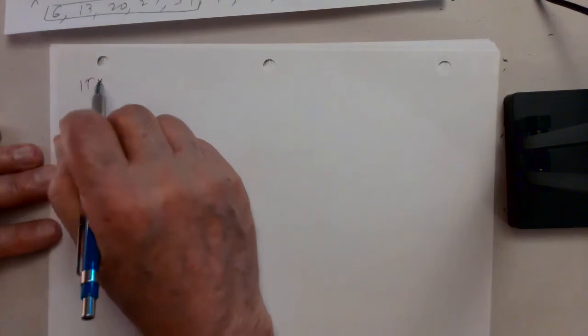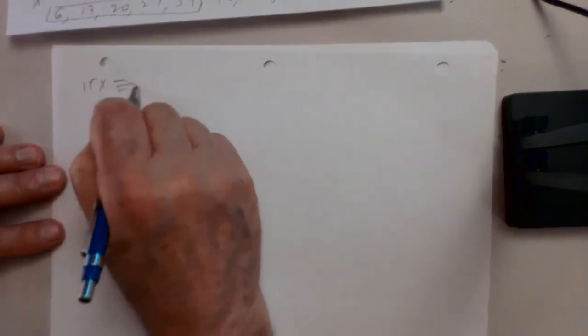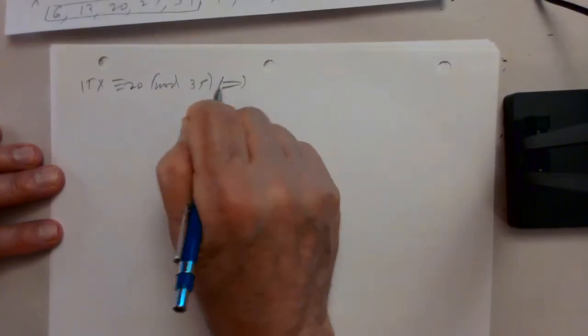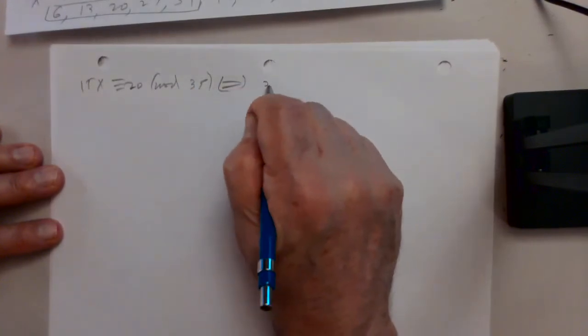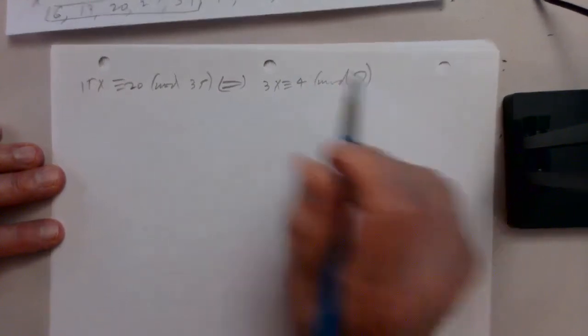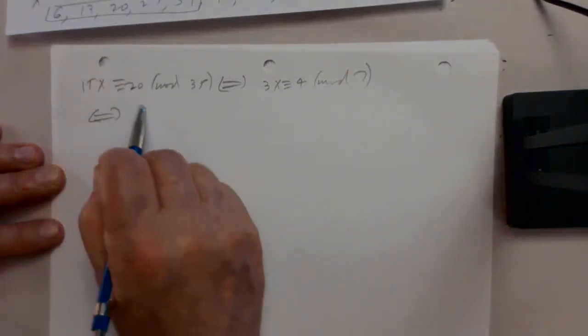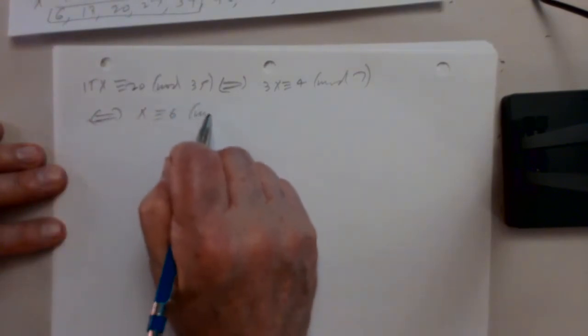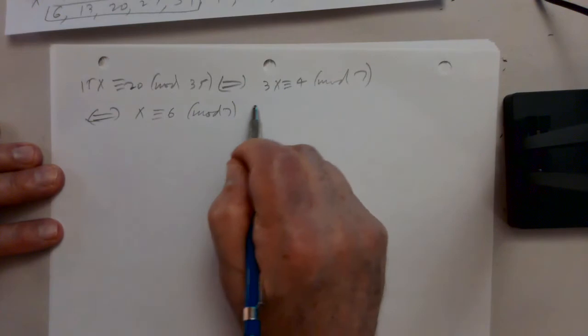So just to summarize, we have that 15x is congruent to 20 mod 35 if and only if 3x is congruent to 4 mod 7, if and only if x is congruent to 6 mod 7.